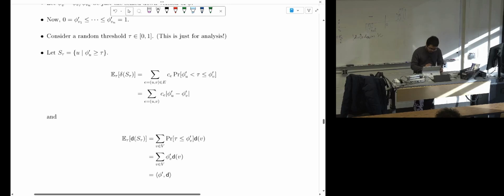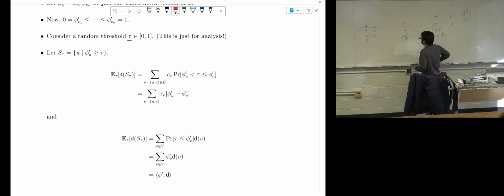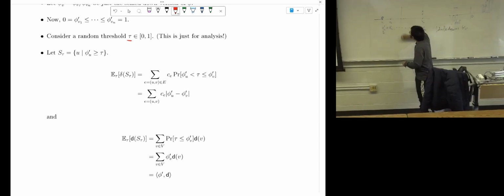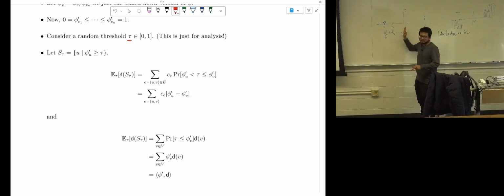I'm going to consider a random threshold tau between 0 and 1. This is a random threshold, but this randomness is just for analysis. In our algorithm, there's nothing randomized. This is just for analysis.